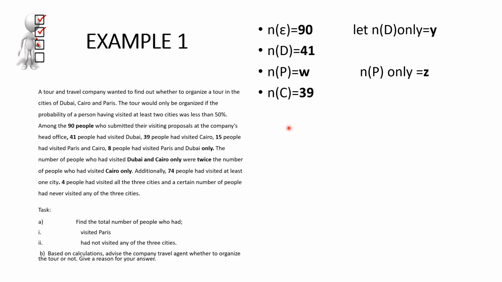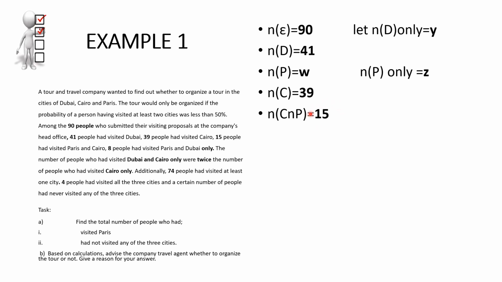Then those who had visited Cairo, from the question, it is 39. Then 41 for Dubai, then 90 for the universal set. And then 15 had visited Paris and Cairo. Having that statement, 15 had visited Cairo and Paris, don't go ahead and put 15 in the region of Paris and Cairo only.